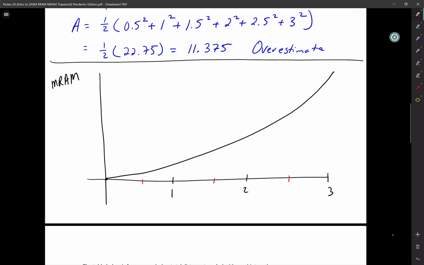So how are we going to do the middle one? Like this. The middle between 0 and 0.5 is 0.25. So go to the middle, 0.25, a little bit above the curve, a little bit below the curve. You should have a rectangle that's half above, half below. Don't worry, I'm going to continue. For the rectangle between 0.5 and 1, go to 0.75, a little bit above, a little bit below.